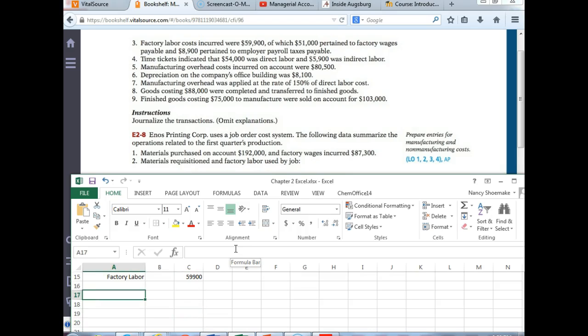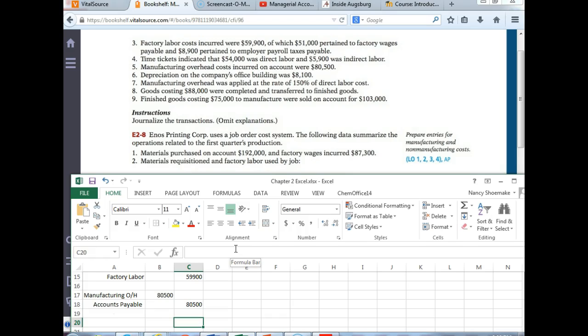So we'll debit manufacturing overhead of 80,500, credit our payable. Does that make sense? We don't give any of that to the WIP just because it's overall overhead, right?